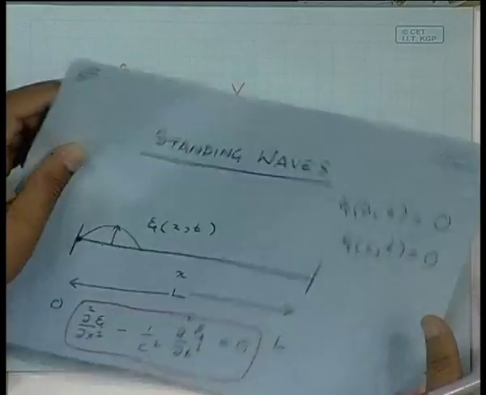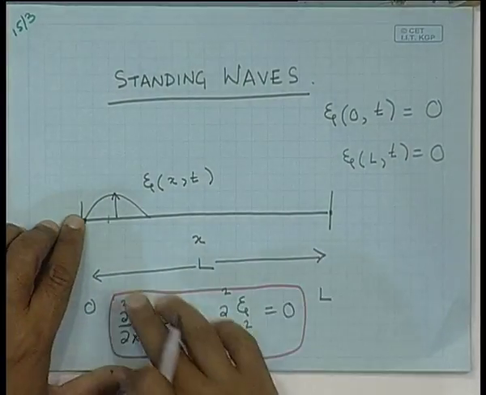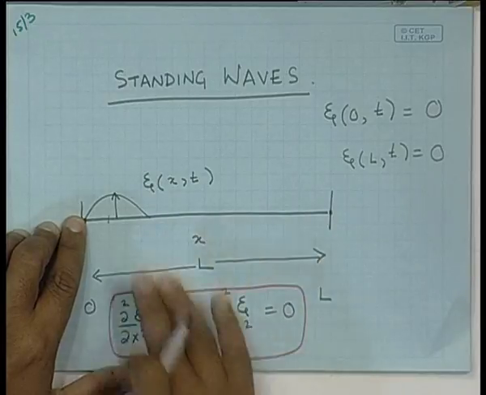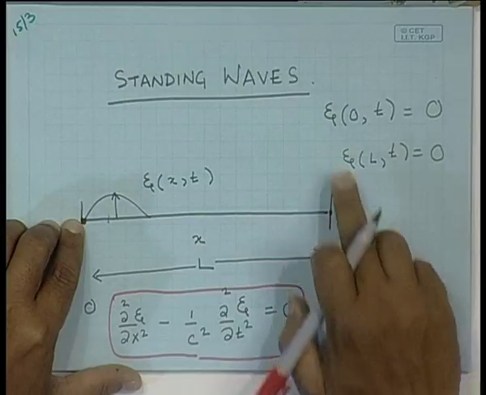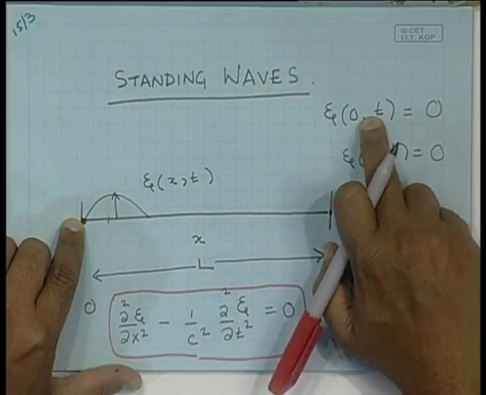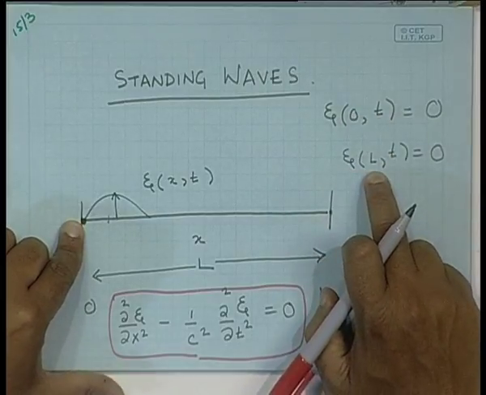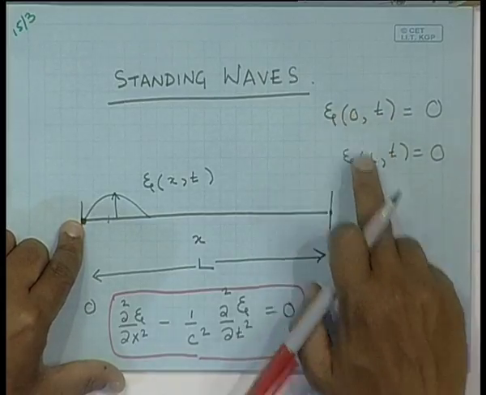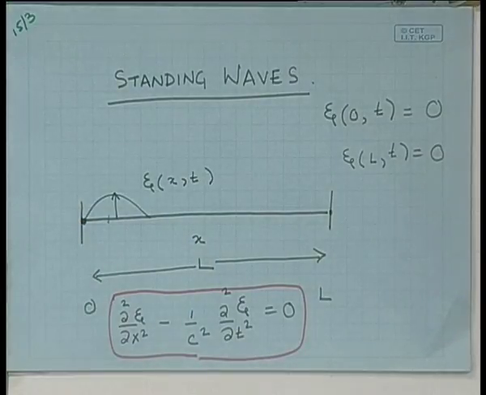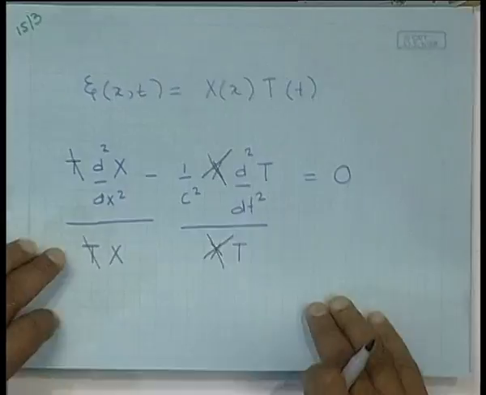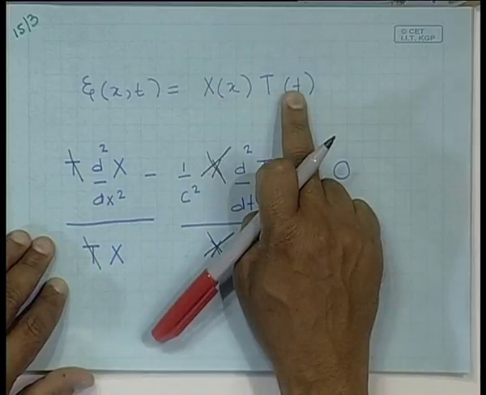We are dealing with a situation where we have a string. The string is free to vibrate in any fashion except at the boundary points, at the two end points which are fixed. So, xi has to vanish at x equal to 0, and it also has to vanish at x equal to L. We have expressed xi as a product of two functions, one of x and one of time.